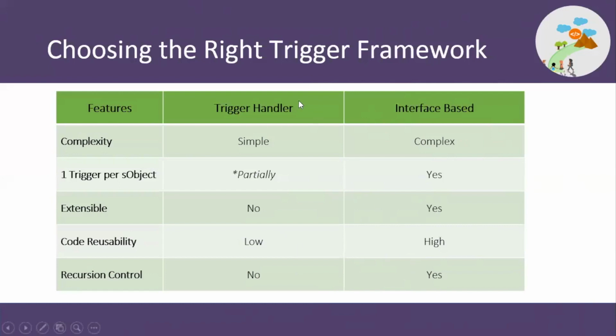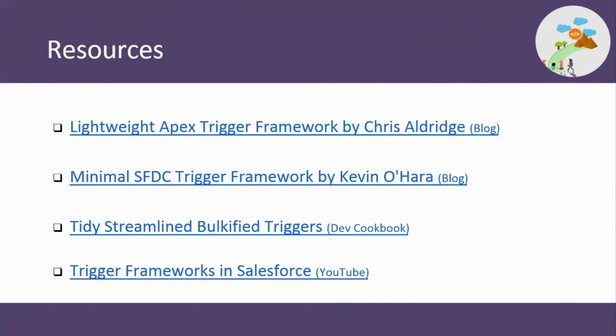And last but not the least, there's no recursion control or no ability to deactivate triggers directly within your trigger handler pattern, though you could do that, right? But it comes in more naturally and in a much more cleaner and consistent manner when you're doing interface-based trigger frameworks. So with that being said, that brings me to the end of my session.